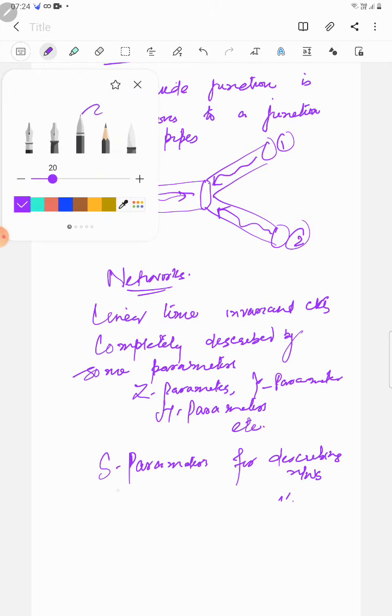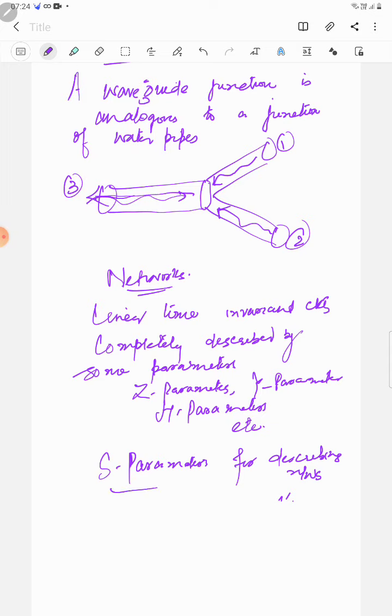So again, we use these S parameters for describing waveguide junctions.